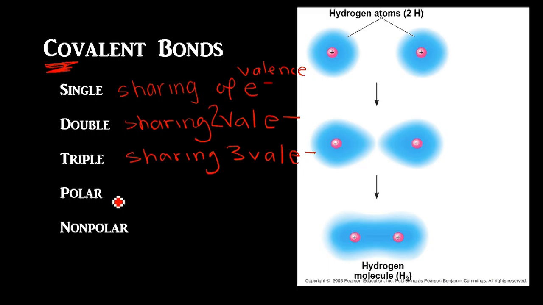So we have polar bonds, which are going to share these electrons unequally. They're pretty much a give and take, so they're not going to be super negative or super positive.